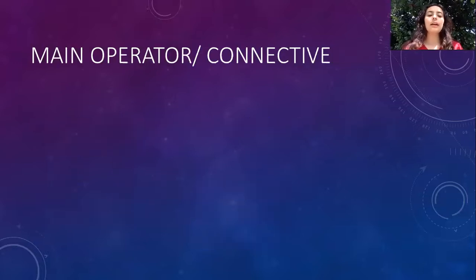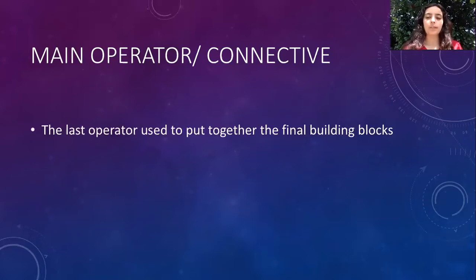Okay, so let's take a look at the main operator or the main connective. I know the homework is going to ask you to find the main operator, or the main connective. The idea is it's just the last operator used to put together the final building blocks of the sentence. So what is that last thing that you did? Just like a math problem, that last order of operation, that last thing that you did before you got the answer.